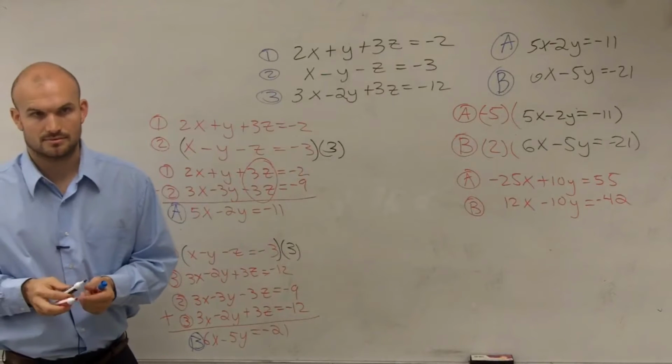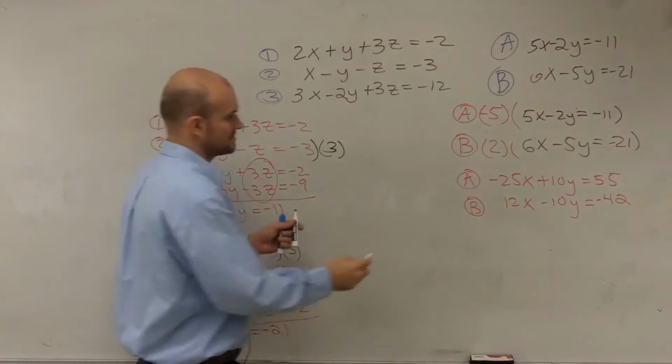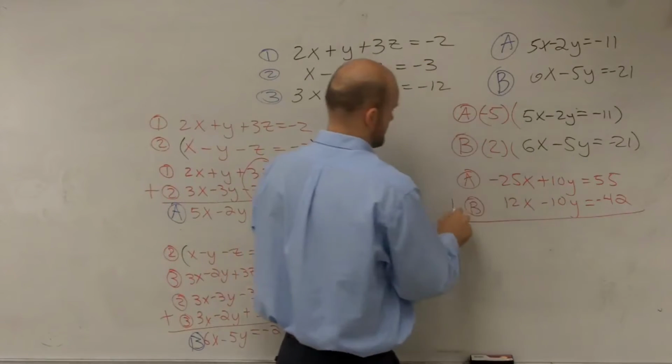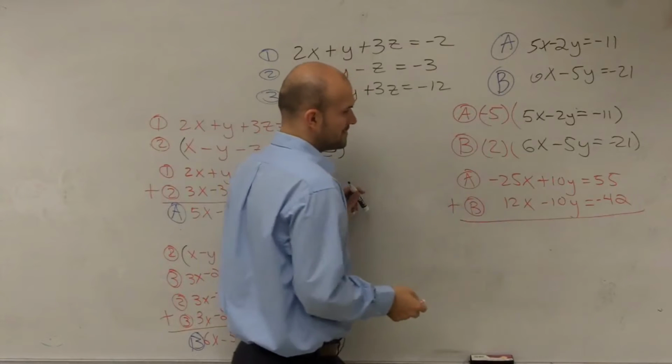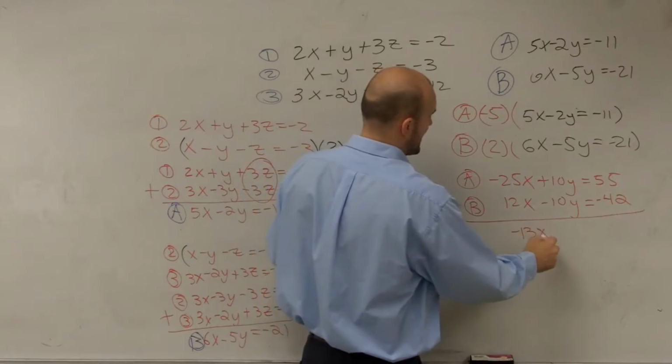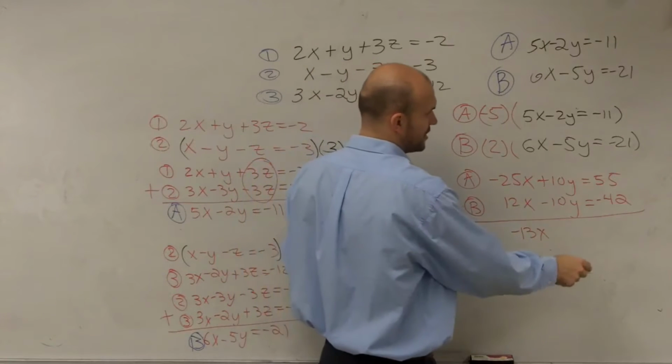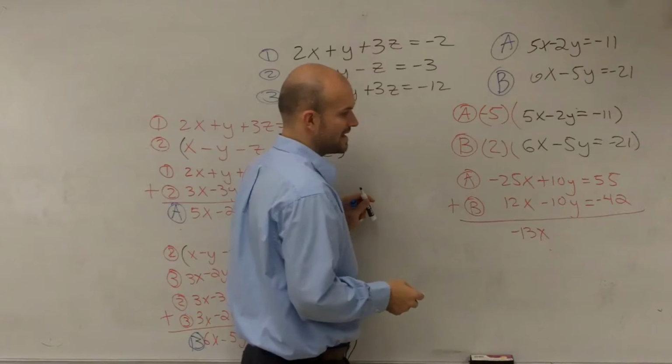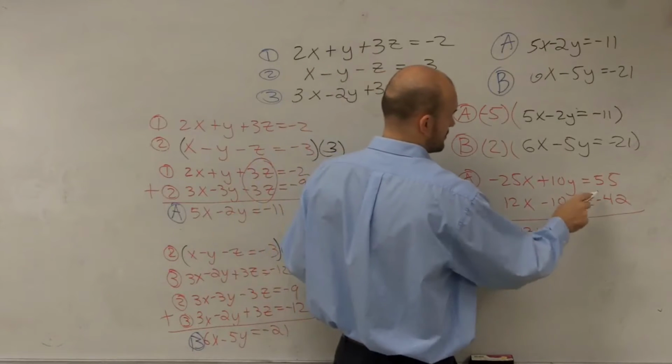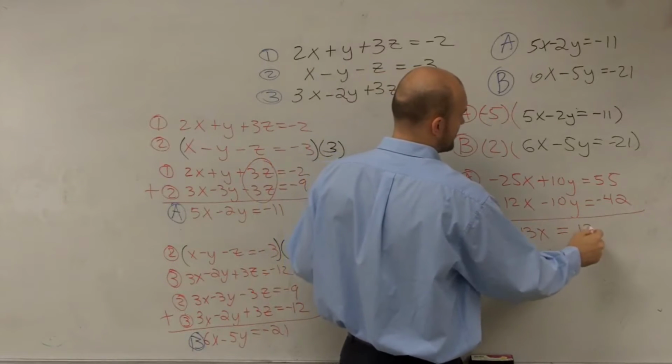Right? We're using elimination for two variables. Add them up. This gives me negative 13x. That goes to 0. And then this becomes positive 13.